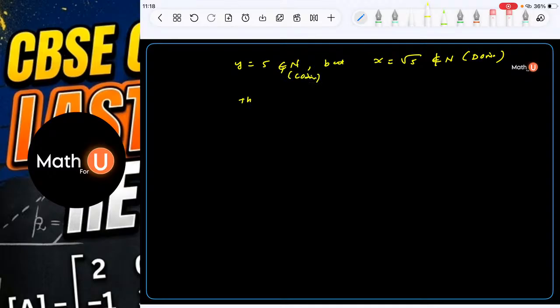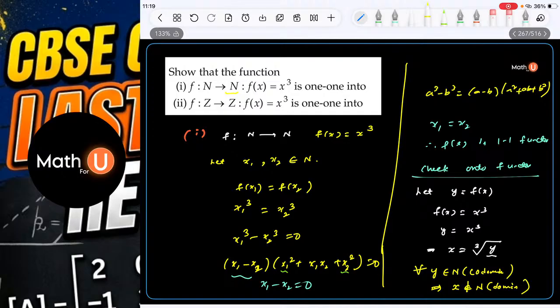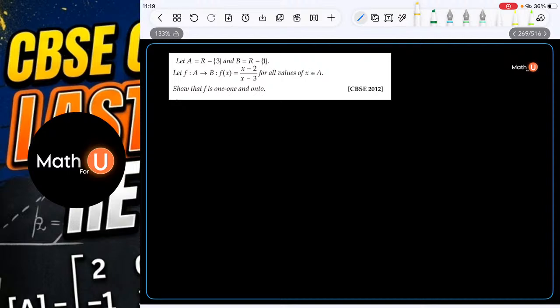That means there is no pre-image for y equal to 5. Like this you should show. Same process you can apply for f from integer to integer. F of x equal to x cube is 1-1 but it is not onto. This question is very important.